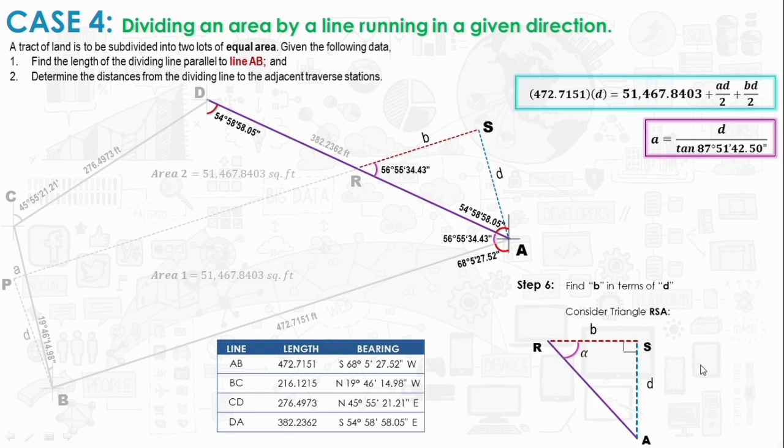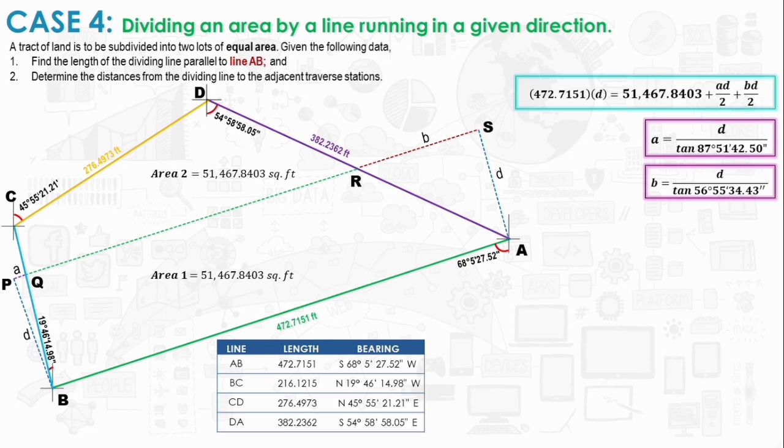So tangent is equals to the opposite D divided by the adjacent B. So tangent of alpha is equals to D over B, or the tangent of 56 degrees, 55 minutes, and 34.43 seconds is equals to D over B. So since hinahanap natin si B in terms of D, rewrite ulit natin yung equation, which is B equals to D divided by the tangent of 56 degrees, 55 minutes, and 34.43 seconds. So yung A tsaka B natin ngayon, nagiging in terms of D na sila.